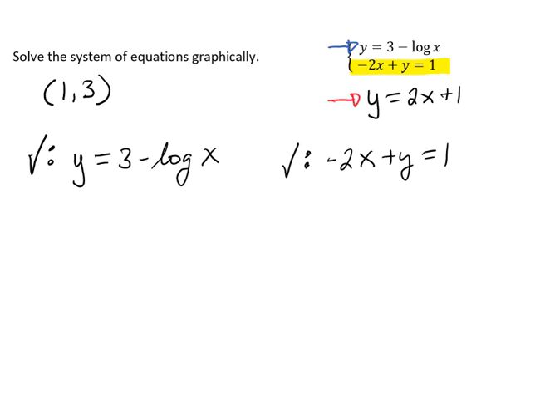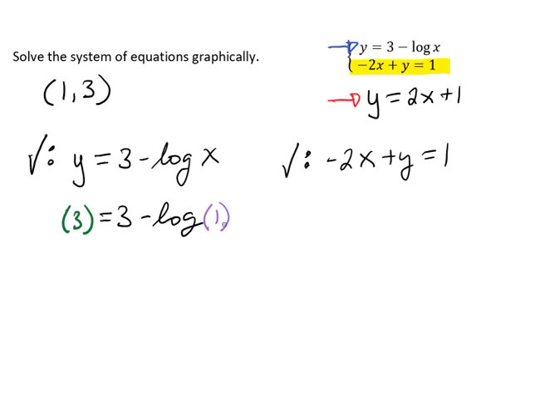So we're going to have 3 equals 3 minus the log of 1. Or actually, I think I have those backwards. Let's try that again. So I've got my y, which is the 3, and then right here is my x.